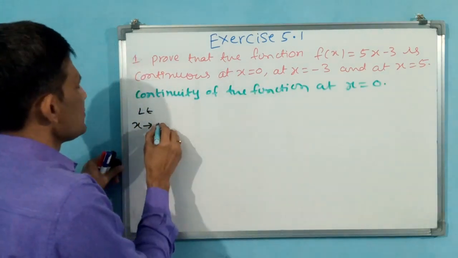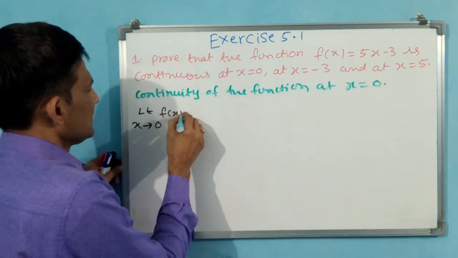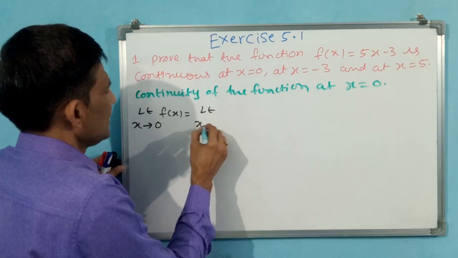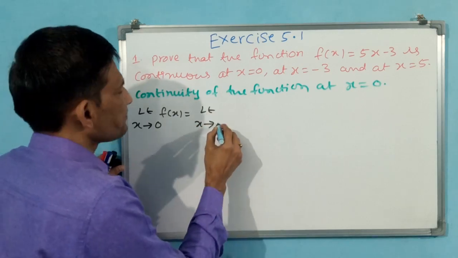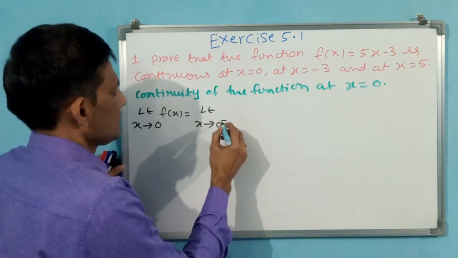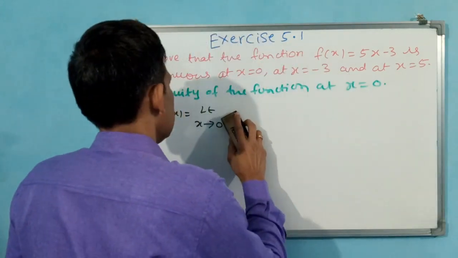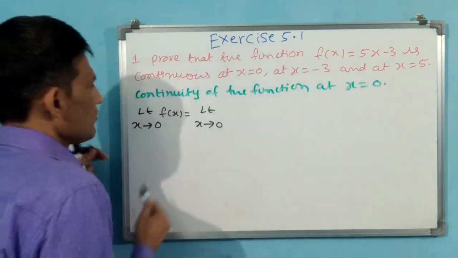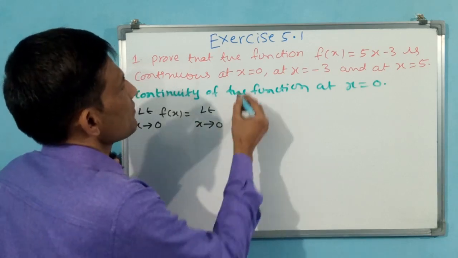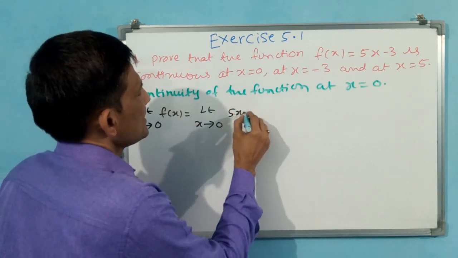Because 0 we are checking, means 0 only. Limit of f of x is equal to limit x tends to 0, only 0 you have to write. And f of x means what here? 5x minus 3.